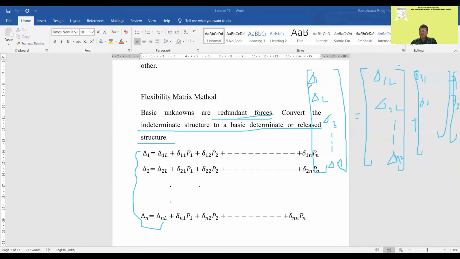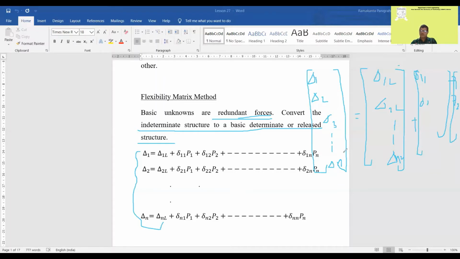One is you have to find your loads, and one is you find out the displacement of the joint. That we'll see in the next discussions. Now here, if you are going to invert a matrix, like in the stiffness matrix method, a 2 by 2 matrix is easy to solve, and to some extent a 3 by 3 matrix you can do in an examination.